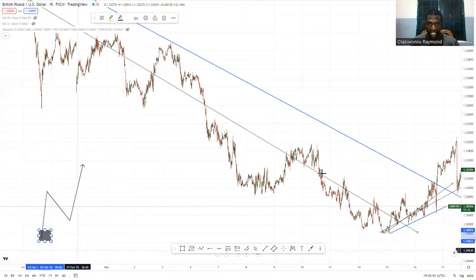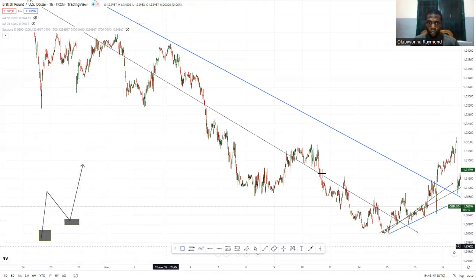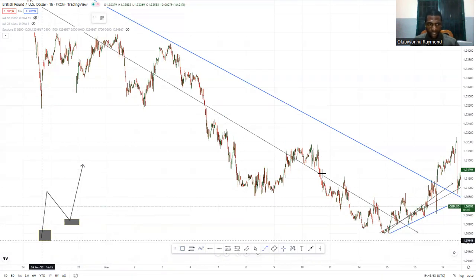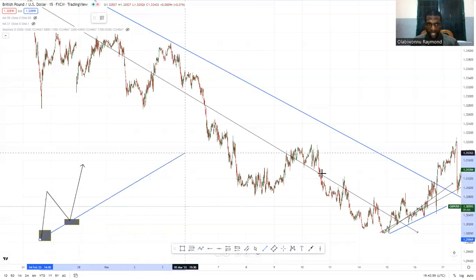This is already a trough. This is a trough, right? This is a trough. This is a trough. So just connect the line.